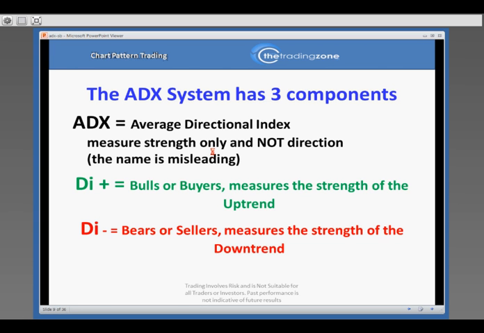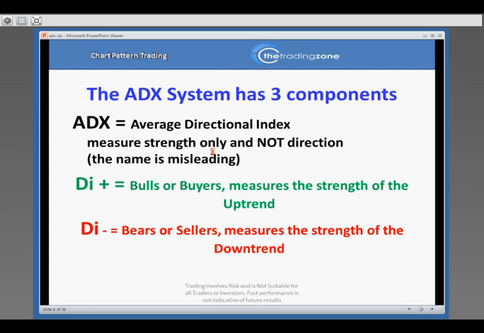The other components are the DI plus, which, as the color in the name suggests, represents the bulls or the buyers, and it measures uniquely the strength of the uptrend. Then there's the DI minus, which represents the bears or the sellers, which uniquely measures the strength of the downtrend.